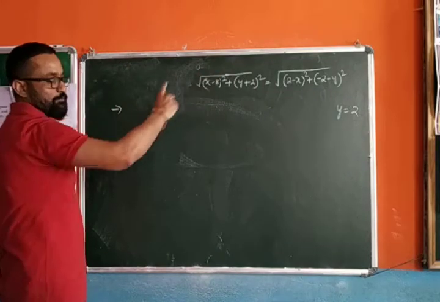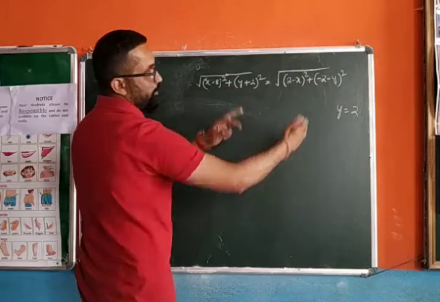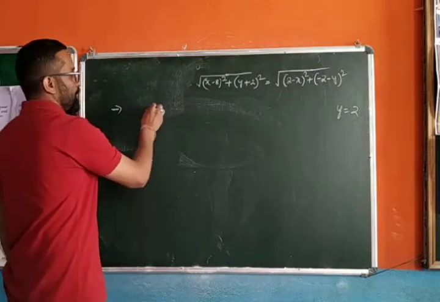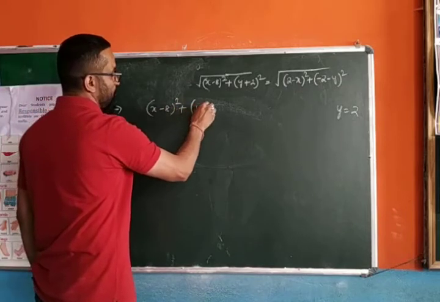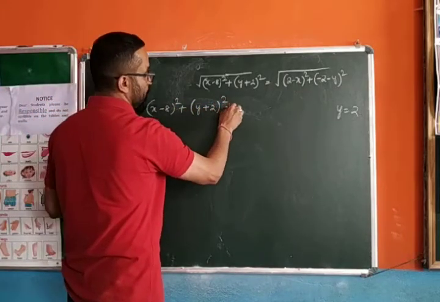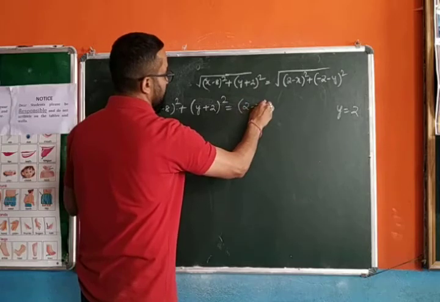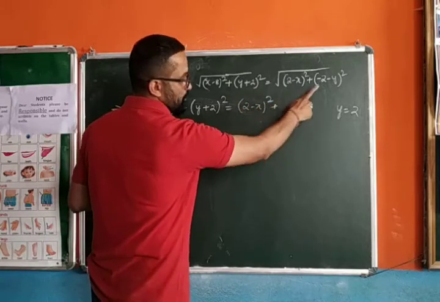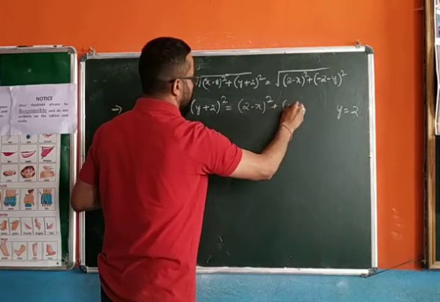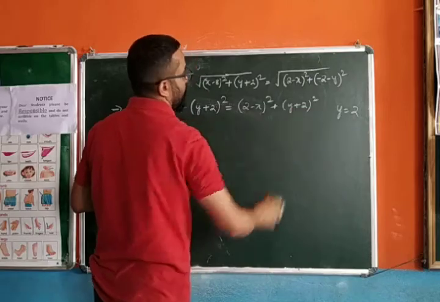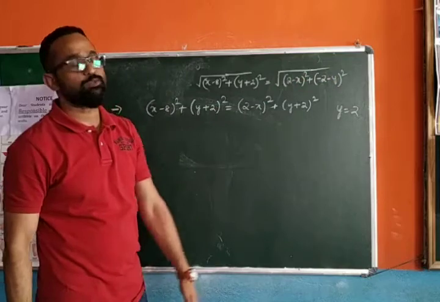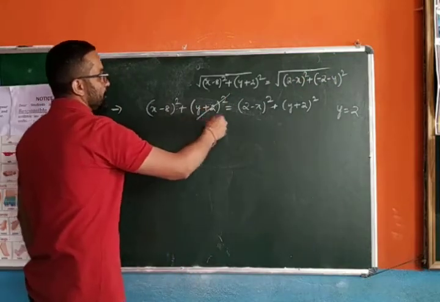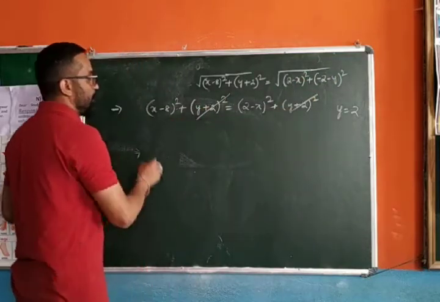You have the value here, squaring both sides. (x - 8) whole square plus (y + 2) whole square is equal to (2 - x) square plus, we arrange this and write it as (y + 2) whole square. Minus is taken common, square of minus is plus. Like terms you cancel from both the sides.